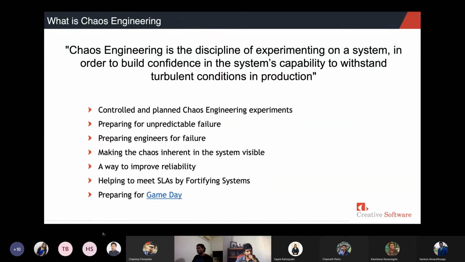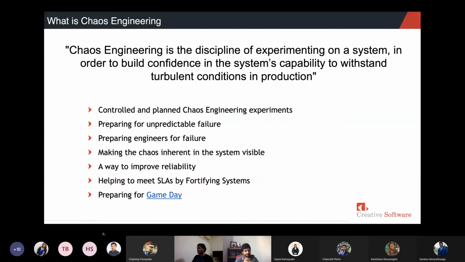And chaos engineering is important to prepare for a game day. Game day is like a hackathon. You decide a scenario to do chaos engineering. You have a target, let's say we're going to test our Elasticsearch cluster, and you have some hypothesis on it, and you have all the best people who know about Elasticsearch and the code that works with Elasticsearch.